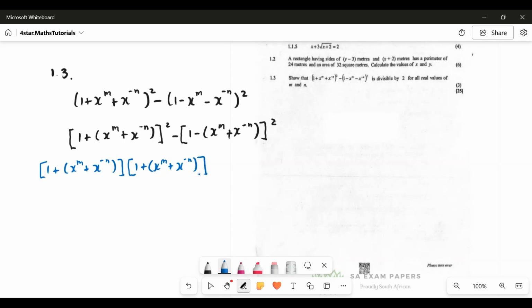That is the first one. Then we do the same thing on this side. We are going to have 1 minus x to the exponent of m plus x to the exponent of negative n, times 1 minus x to the exponent of m plus x to the exponent of negative n.